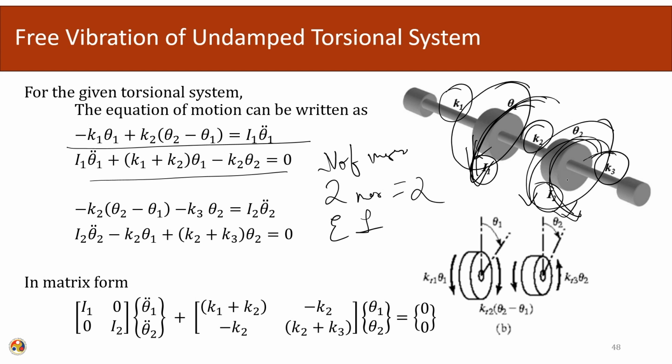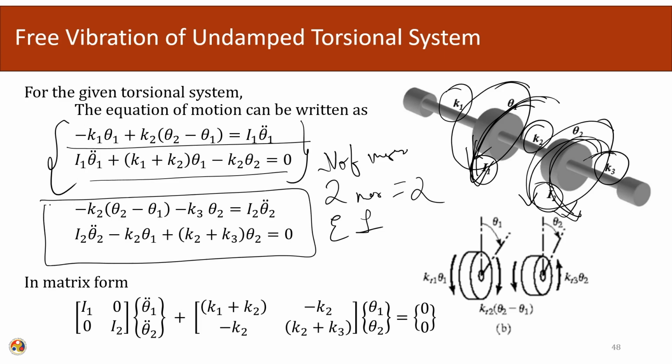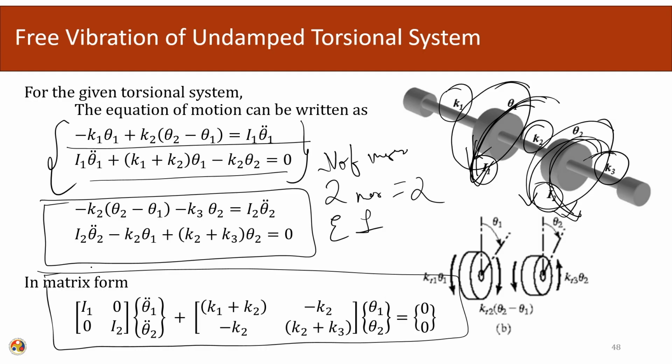Okay. So, now what is happening is that instead of the translational motion, now there is rotational motion. Okay. So, this becomes the two equations of motions for the rotational springs. Okay. And again this is the rearranged equations. Okay. And this can be written in the matrix form. Okay. Now, here we can see we have the same analogy, instead of mass we have the resistance due to the rotational inertia.